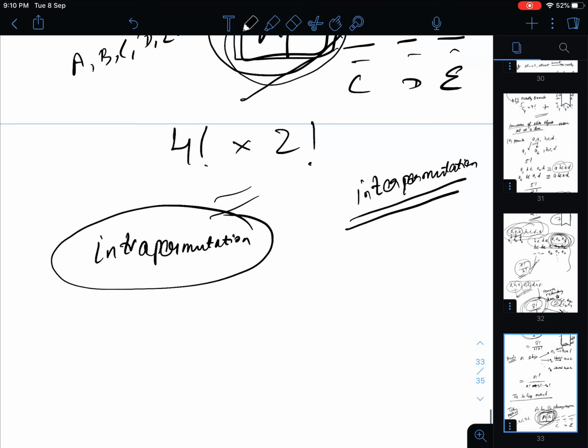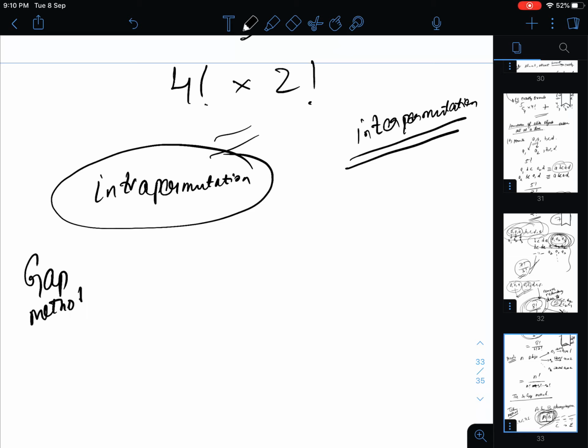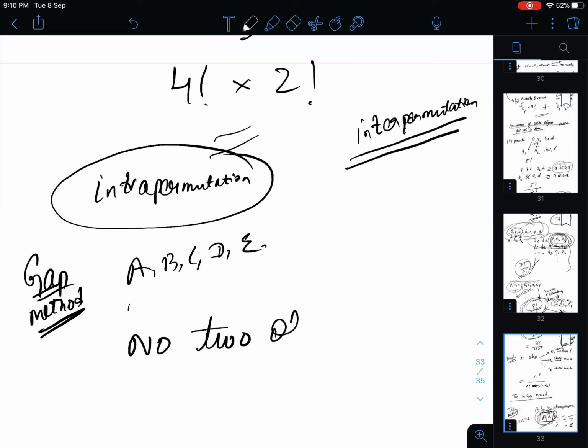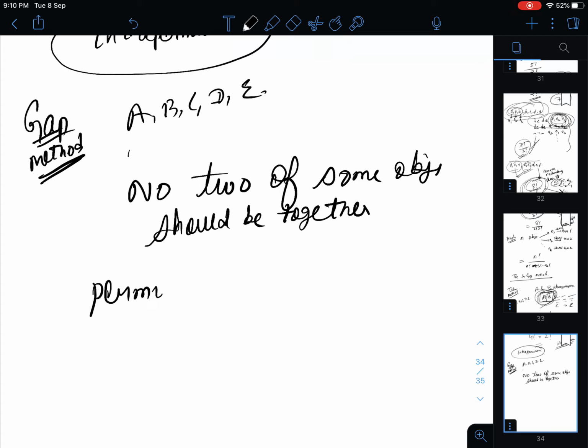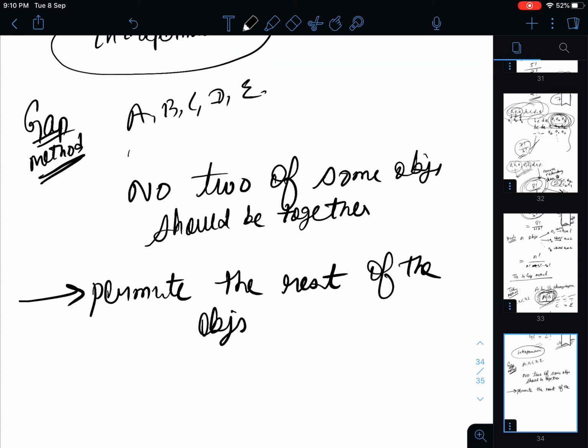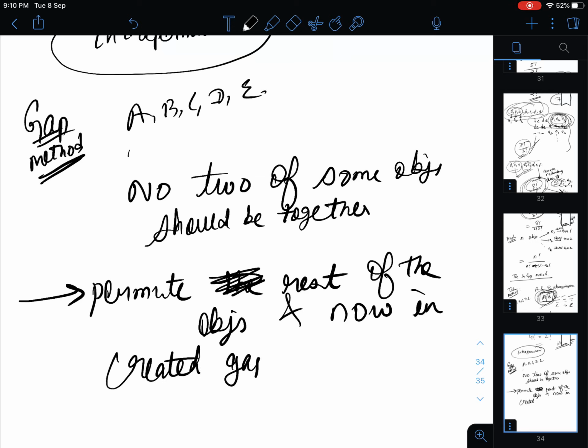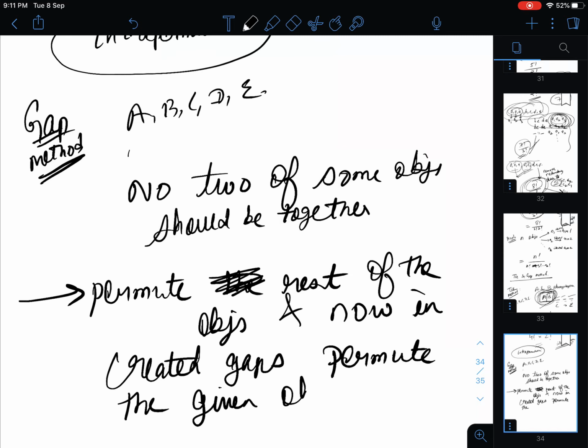Now the gap method. What the gap method says is, if you have A, B, C, D, E, and I ask you the number of permutations such that A and B should never be together, that is no two of some objects should be together, then what we do is permute the rest of the objects, and then in the created gaps permute the given objects after selecting the required number of gaps.